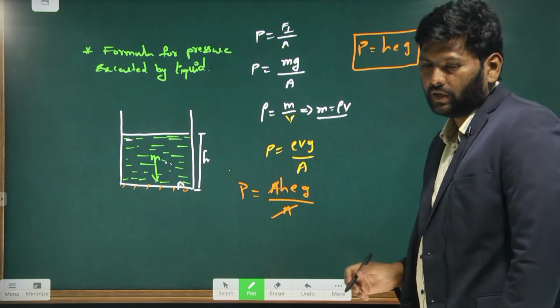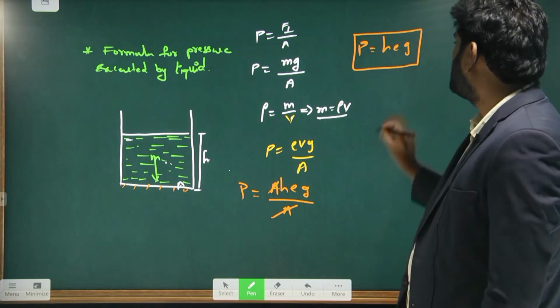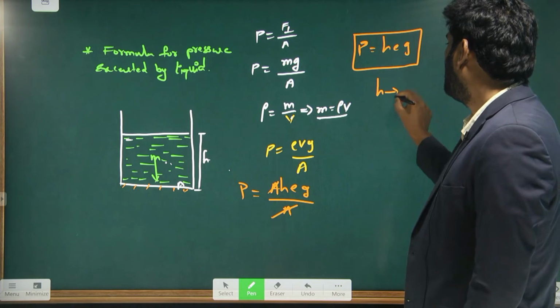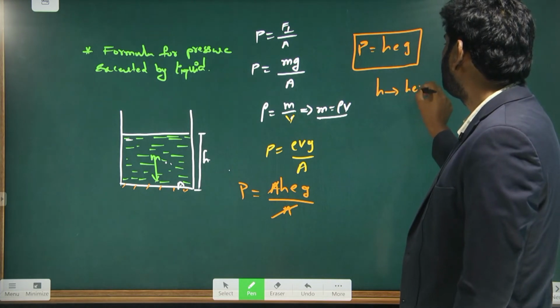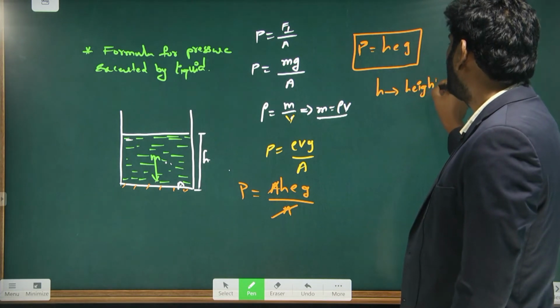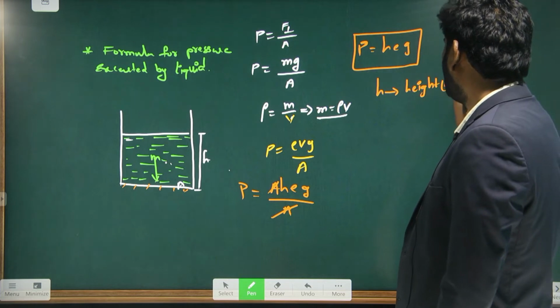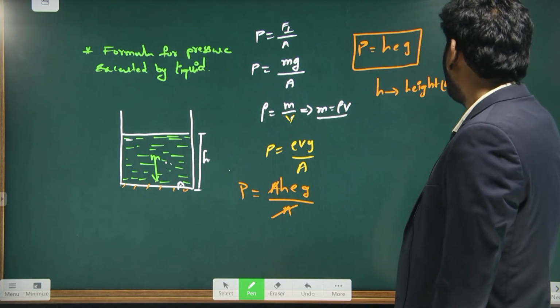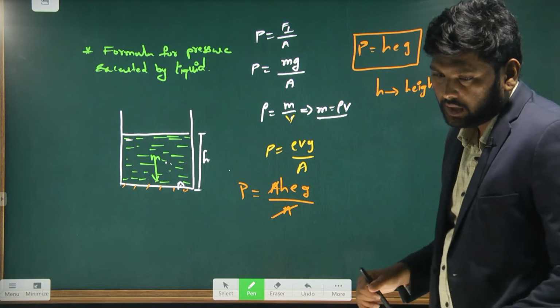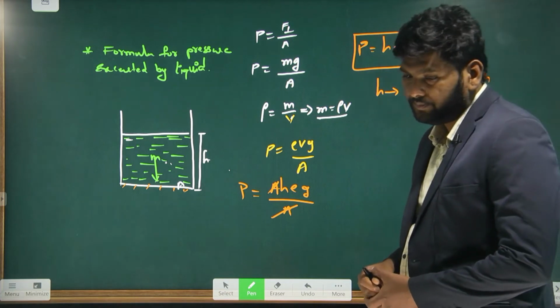In this formula, H represents the height or depth of the liquid column.